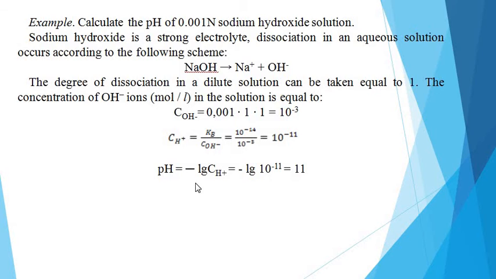And knowing this, it is possible to find the concentration of hydrogen. It's equal to 10 to the minus 11 power, and pH is equal to the negative logarithm of the concentration of hydrogen, and it's equal to 11.